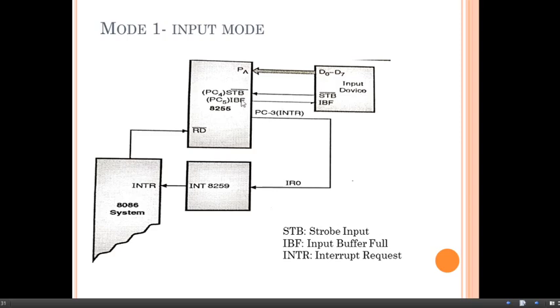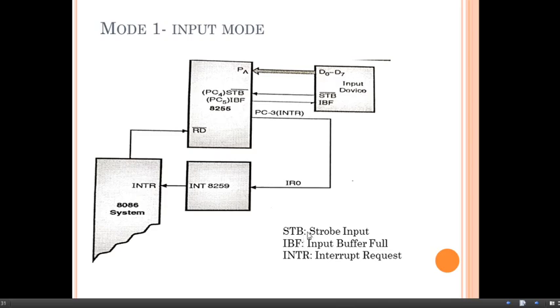Okay, so the 3 handshake signals from port C are STB bar, which is the strobe input, second one is IBF, input buffer full, and the third one is INTR, that is interrupt request.